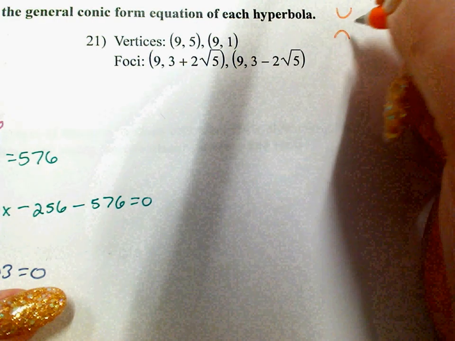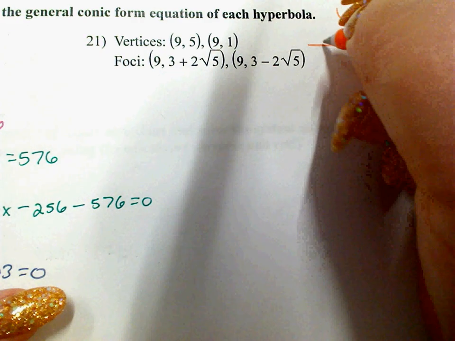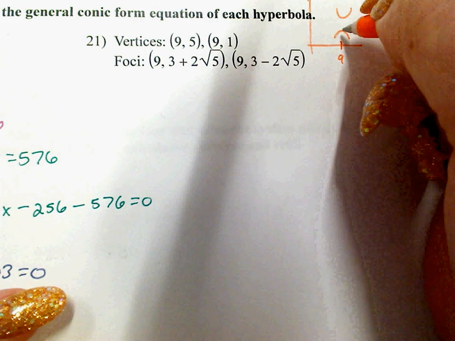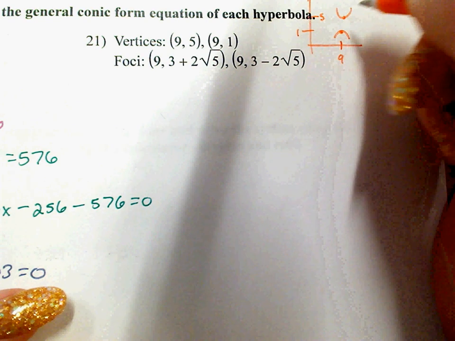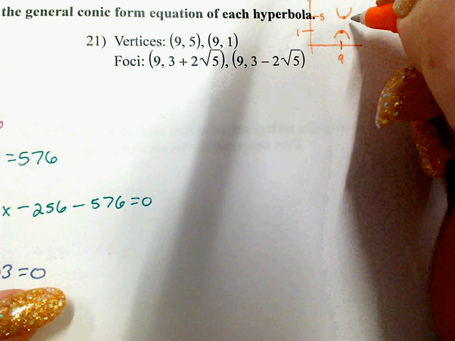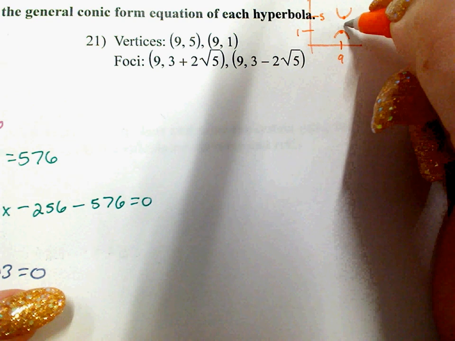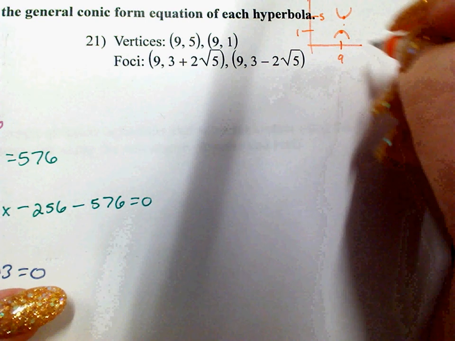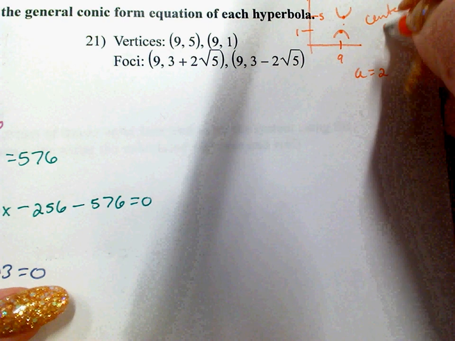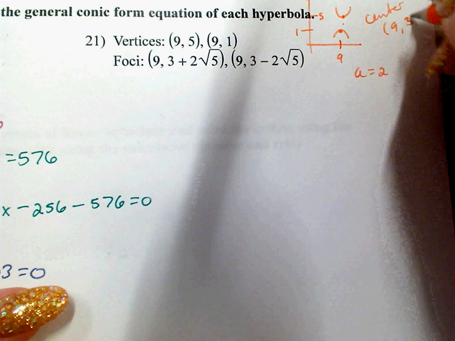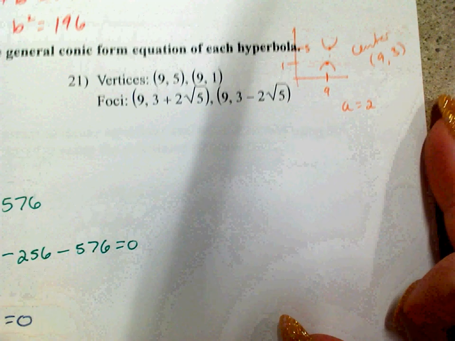The distance between the vertices is 4, which means a from the center is 2. So I know a is 2, and I know the center is at (9, 3), because 3 is halfway between 1 and 5.